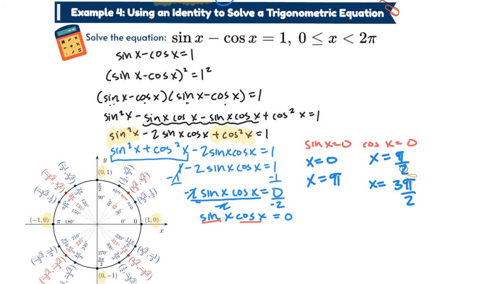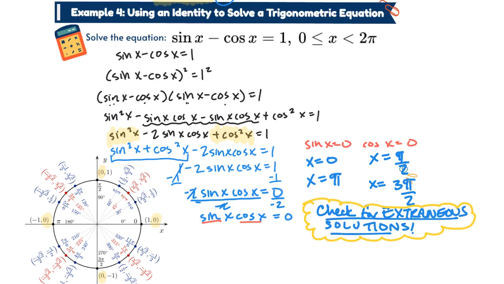And now we are going to check for extraneous solutions. So we got 4 possible solutions here, but we want to make sure that all 4 of these possibilities are true when we substitute them into this equation right here.